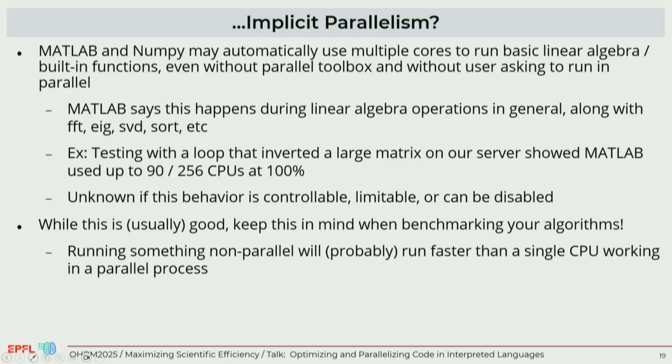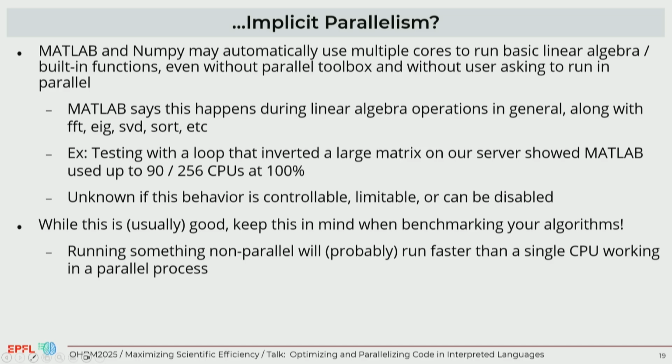I believe something similar happens in Python, where if you run a big enough linear algebra operation or built-in function, it will just try to take advantage of all the cores that are available, which on its surface seems like a useful thing to happen. But if you don't know this is happening, then you might not realize that parallelizing that code will not gain you as much.